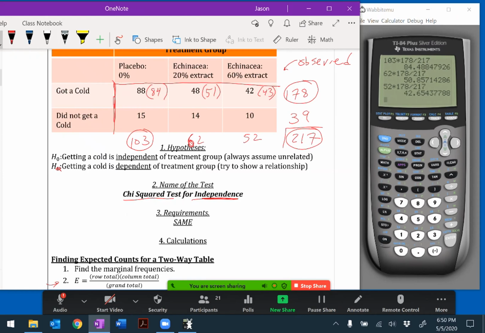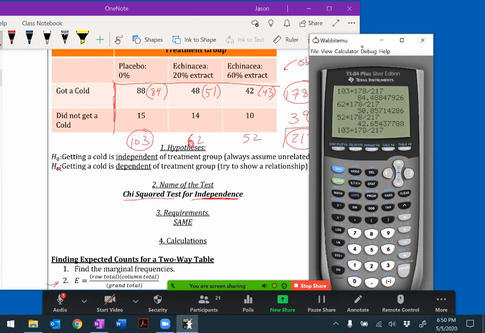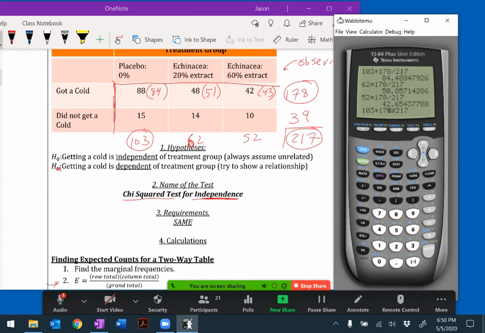Instead of multiplying all of those values times 178, I'm going to multiply them by 39. So again, I'm going to kind of cheat and just borrow this. Instead of multiplying by 178, I am going to multiply by 39.